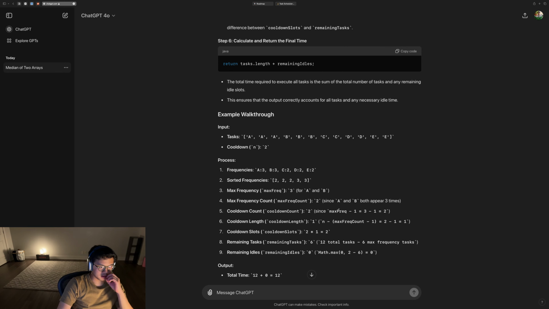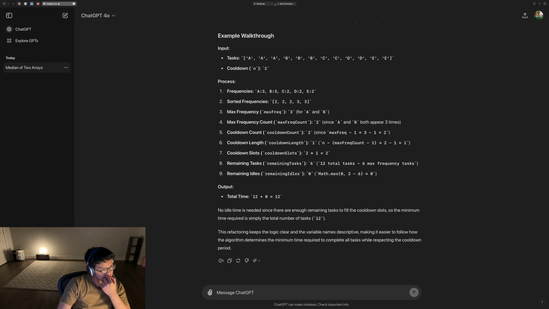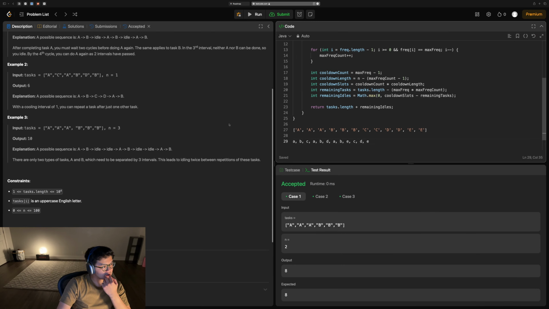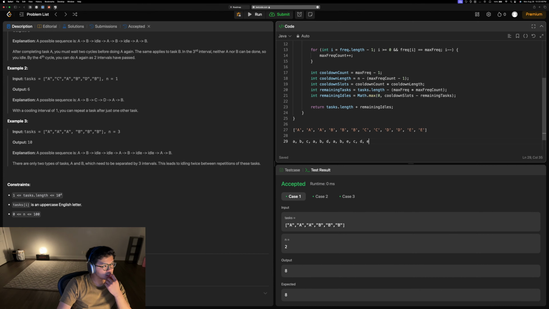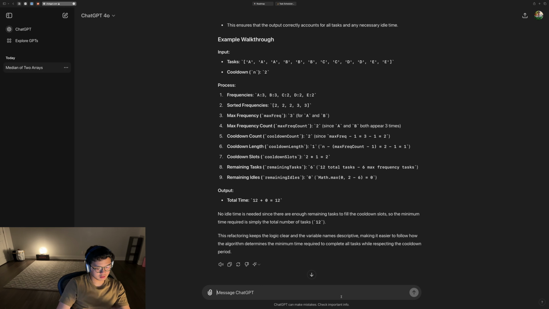It has to do with something with the remaining slots. How does the algorithm know that you can fit C, C, D, D, E, E in the remaining spots without breaking the cooldown condition?